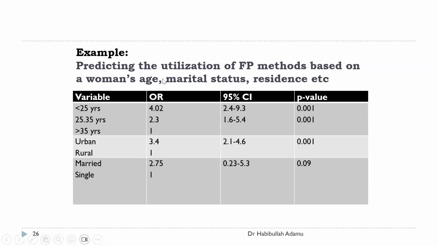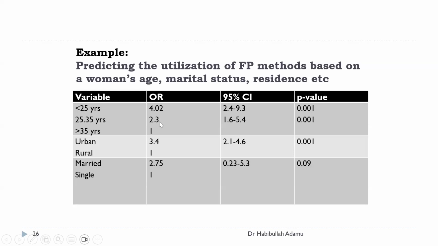So you can see the column for odds ratio, that OR. For age, look at the odds ratio, 4. Based on this result, it corresponds to those under 25 years. So it's telling us that those who are less than 25 years old are 4 times more likely to use family planning.